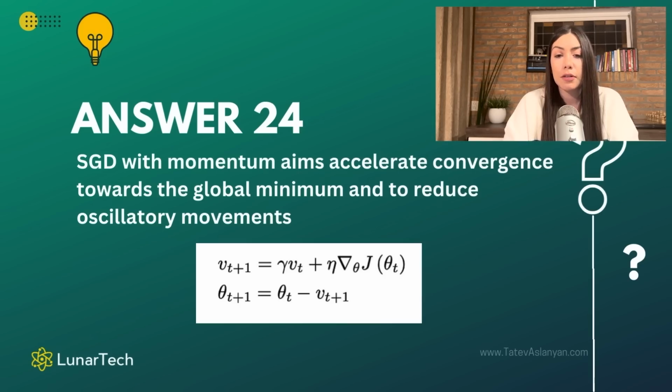And what it's basically doing is that it says we are computing this momentum term for the time step of t plus 1, which is based on the previous updates through this term gamma multiplied by V t, plus the common term that we saw before for the SGD and for GD, which is basically using this eta learning rate multiplied by the first order partial derivative of the loss function with respect to the parameter theta.